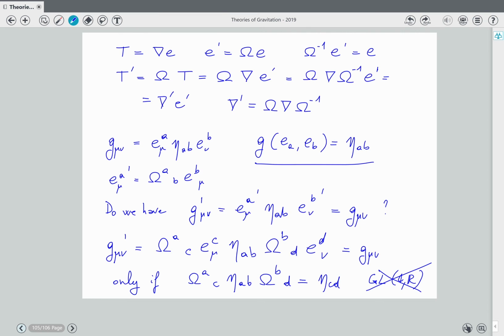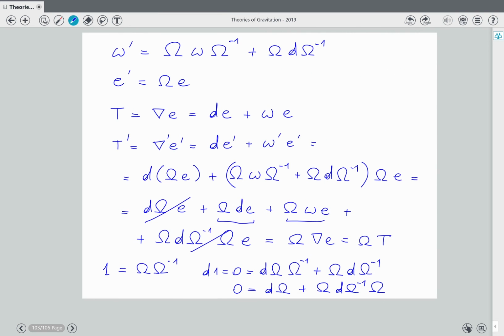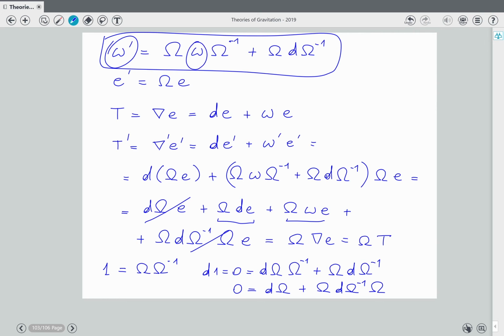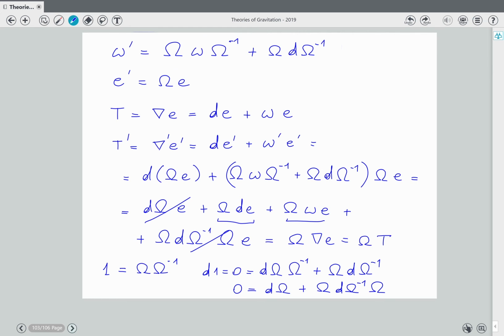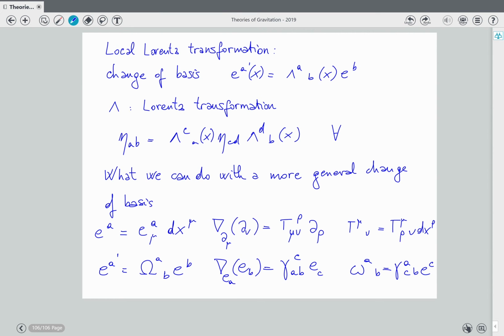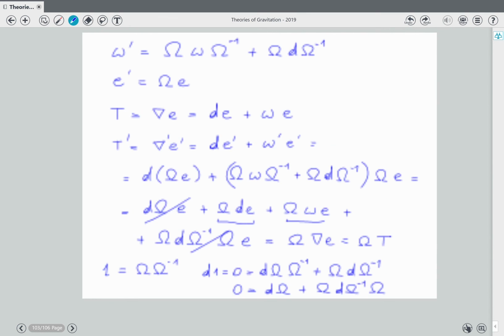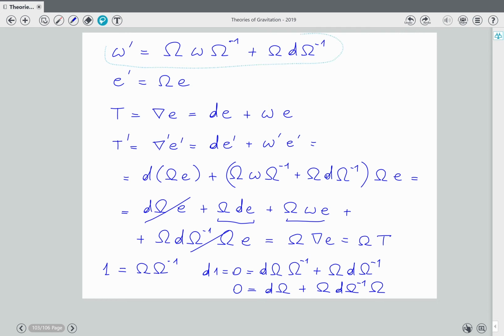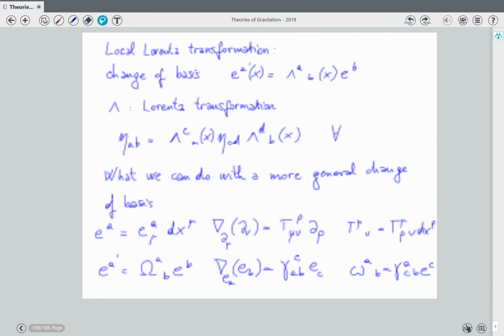Then the formulas we found for the change of basis allow us to connect the Christoffel symbols and the spin connection, because in one basis you have the Christoffel symbols, so we just apply this formula, and in the transformed basis you have the spin connection, in the starting basis you have the Christoffel symbols. So just apply that. What happens?